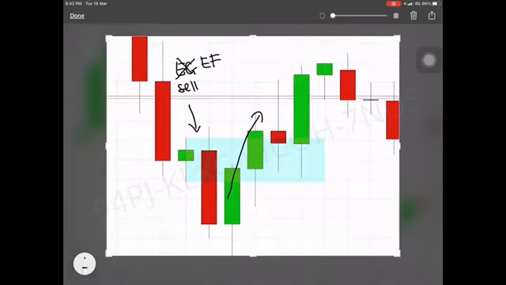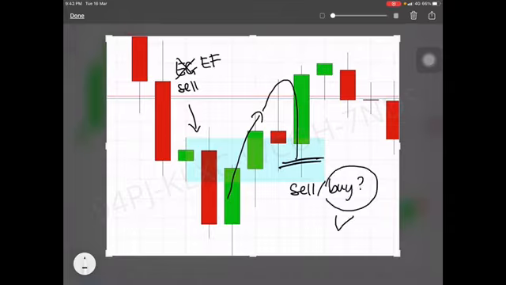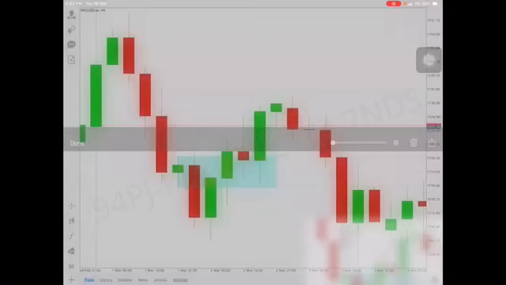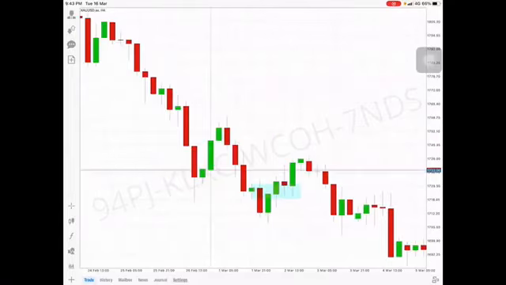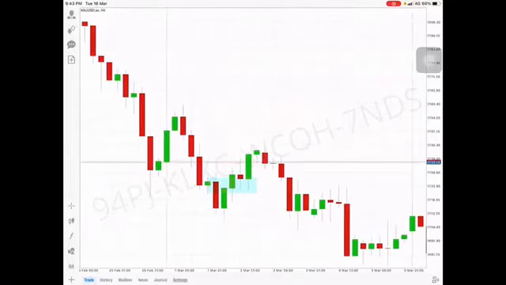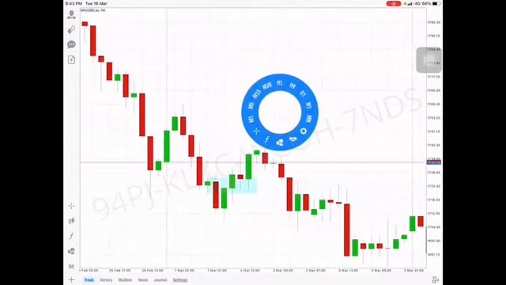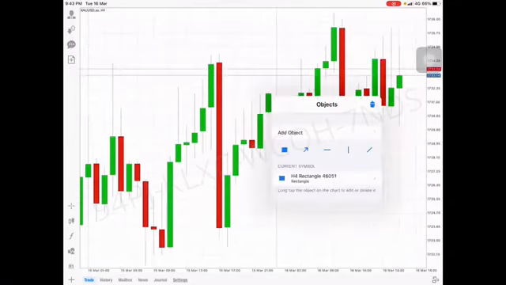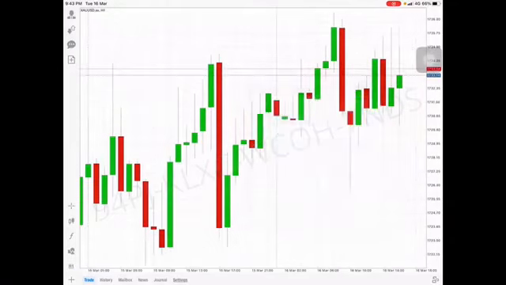So when the price comes back to the zone, are we going to look for sell or buy? Buy. That is correct. Okay, so now do you understand how to mark the engulfing fail? Is it clear now? Okay.